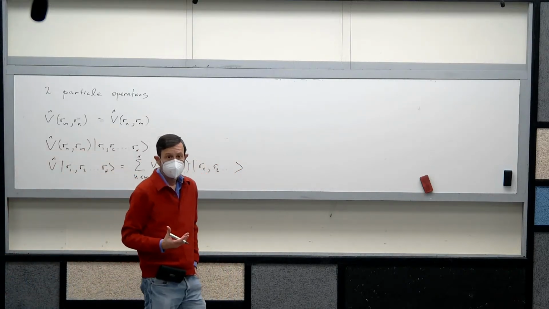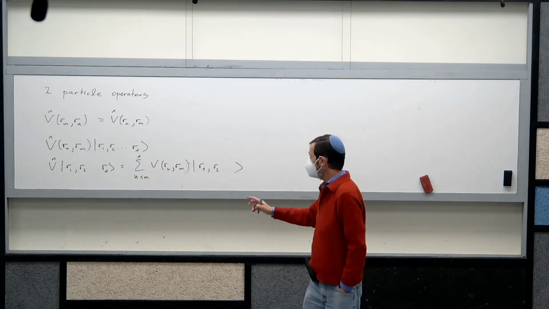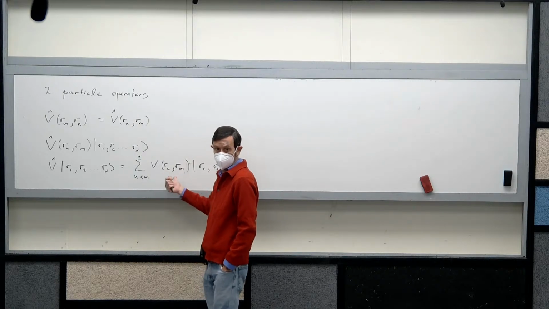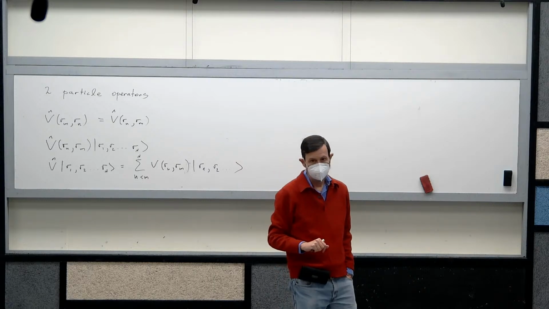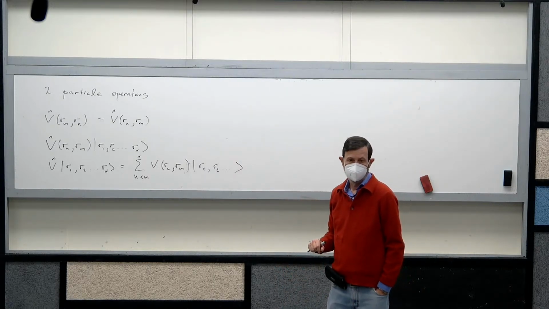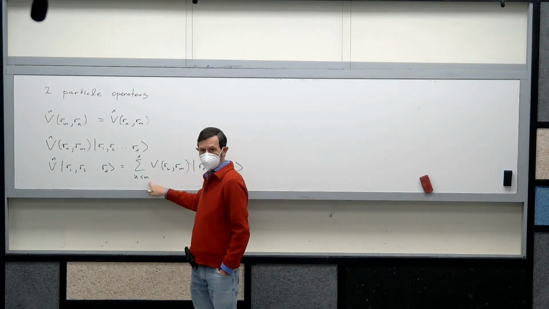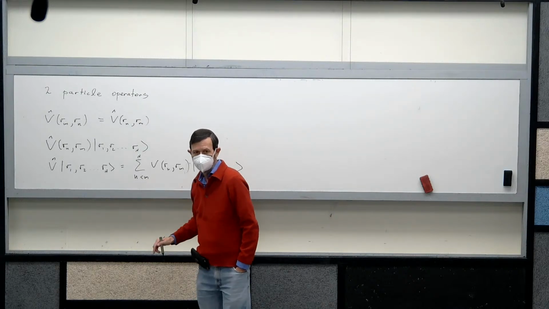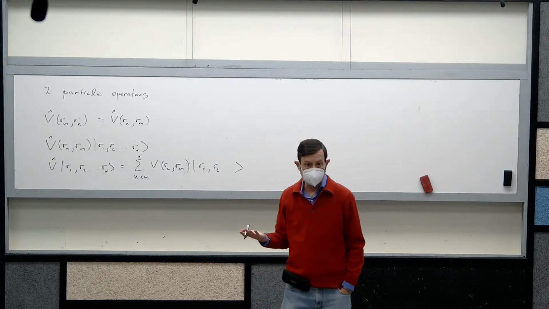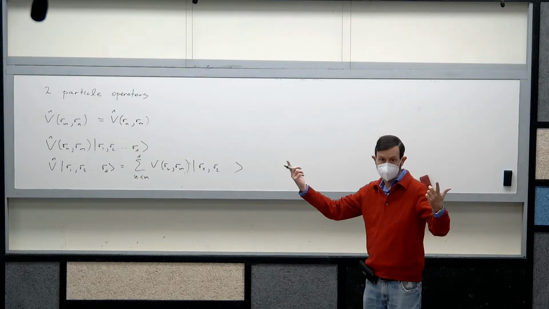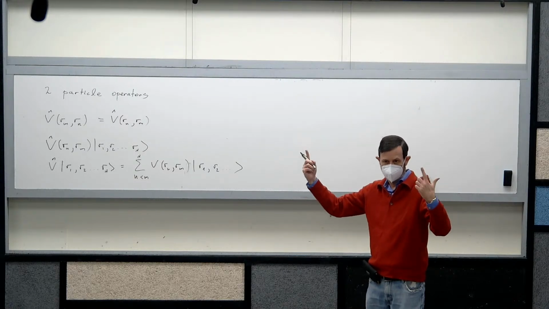it would be a sum over all states where I have some particle at Rn and another at Rm, and n smaller than m. This avoids repetitions and double counting: if I have an interaction between n and m, I counted it already, so I don't have to take it from m to n.